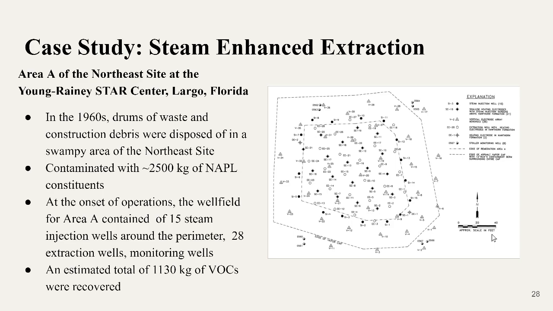At the onset of operations, the well field for Area A consisted of a network of 66 operational boreholes and 44 monitoring locations.